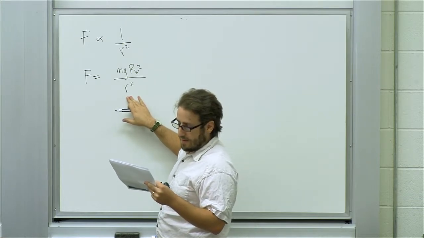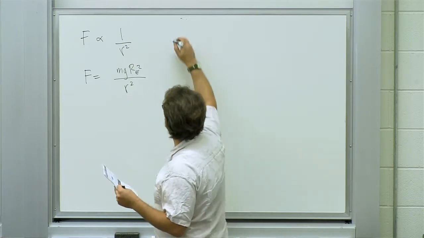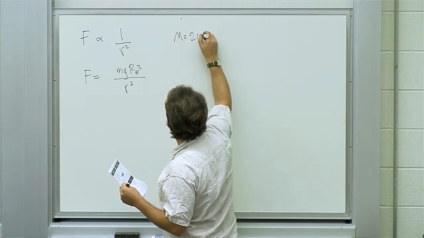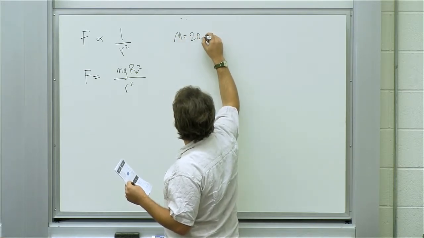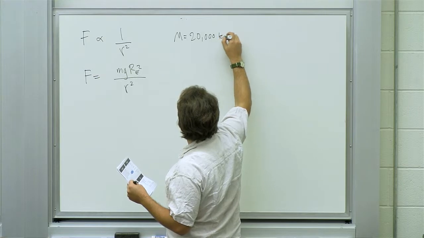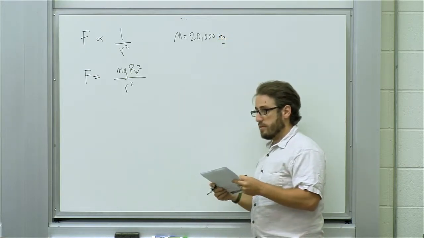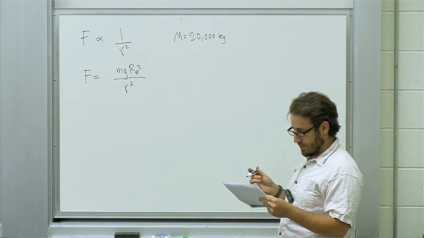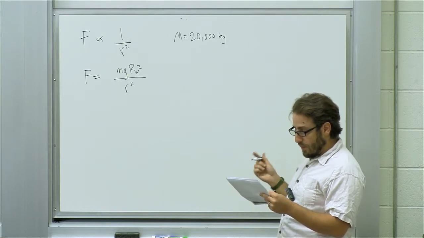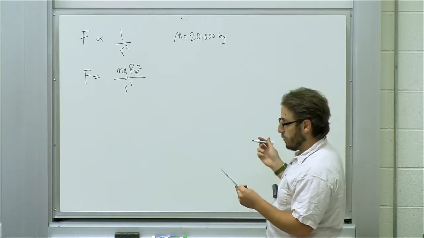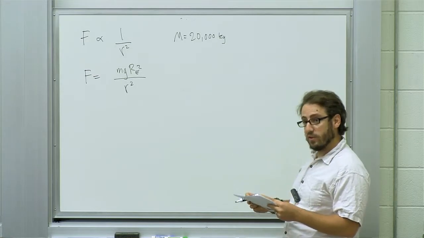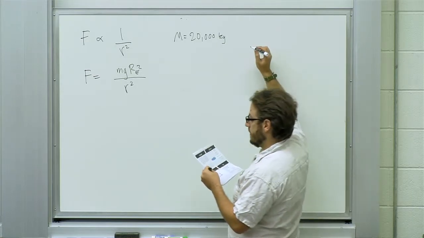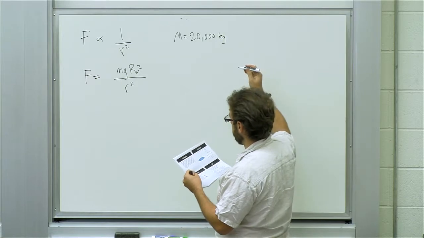Now the question is, if a 20,000 kilogram asteroid falls to Earth from a very great distance away, what will be its speed as it strikes the Earth's surface? So it falls to Earth from a very great distance away.